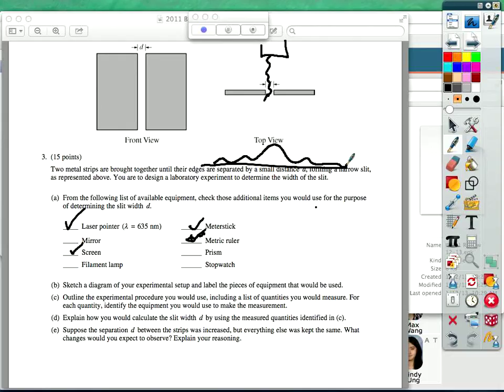But in order for this to work, we have to know lambda with some certainty.